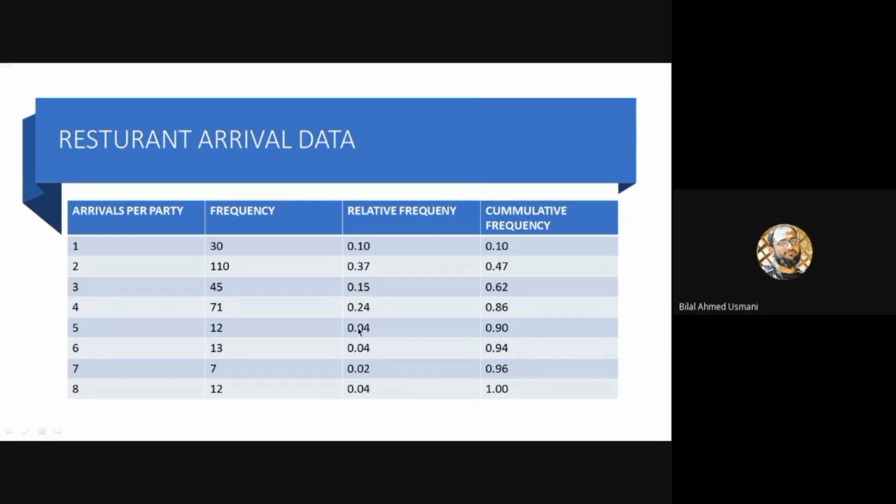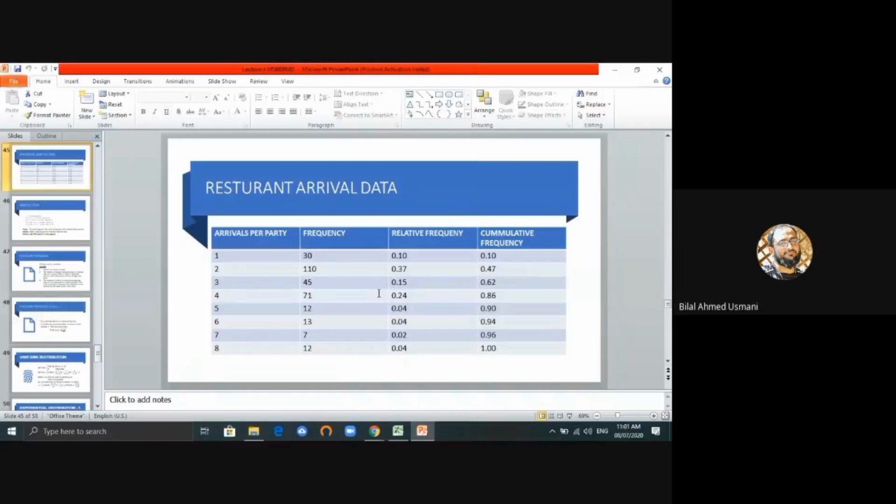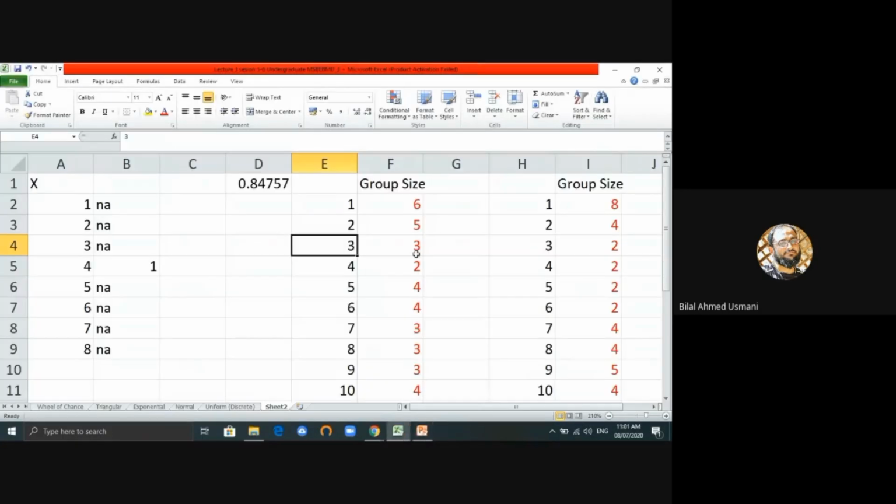But the probability of a group of size 5 is 4% only. Same for 6. The probability of a group of size 7 is 2% only, and it is 4% for size 8. The probability of getting a single person is 10%. So this probability is actually shaping up the group sizes that are coming as random. Is this exercise understandable?